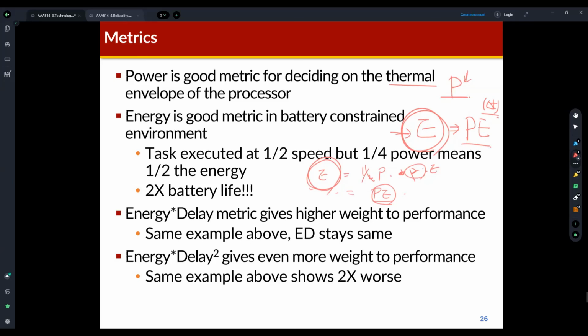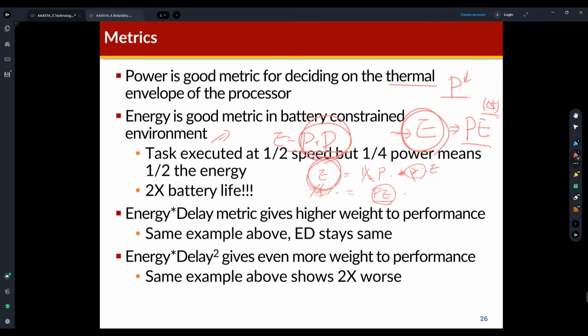Energy is also critical for mobile devices because a mobile device has a limited power source, the battery. So for mobile devices, we also need to focus on the energy consumption. Energy is the power multiplied by delay.